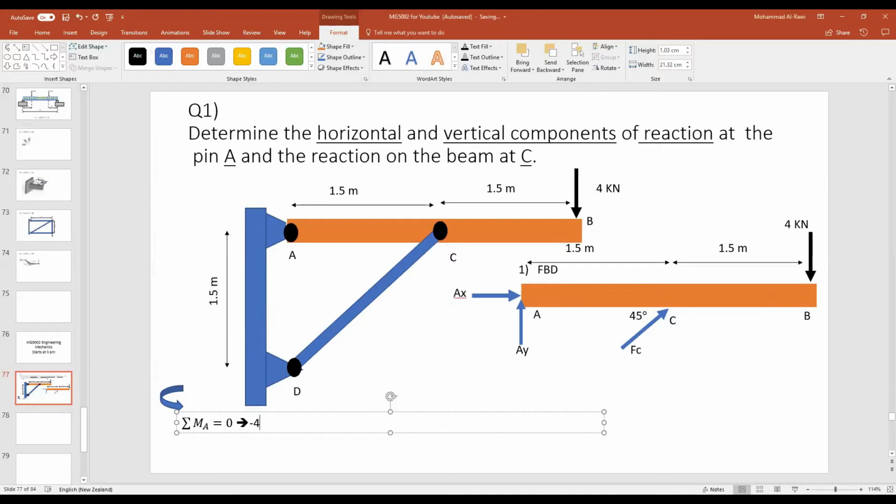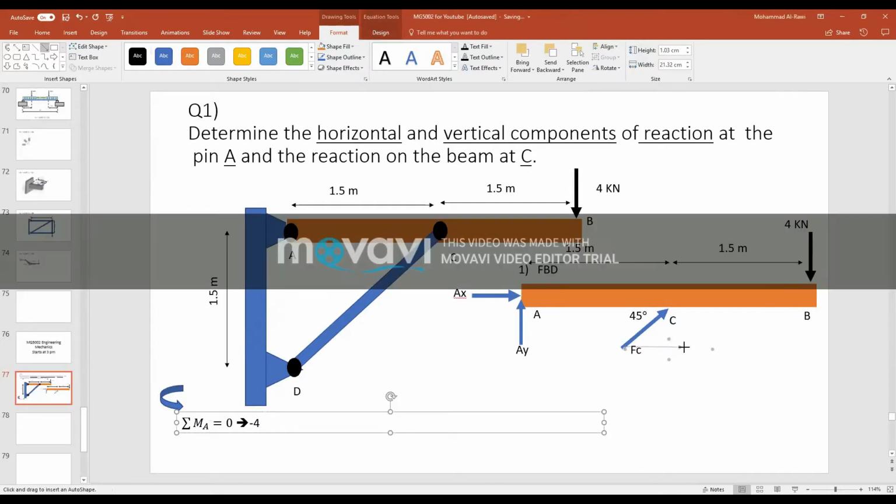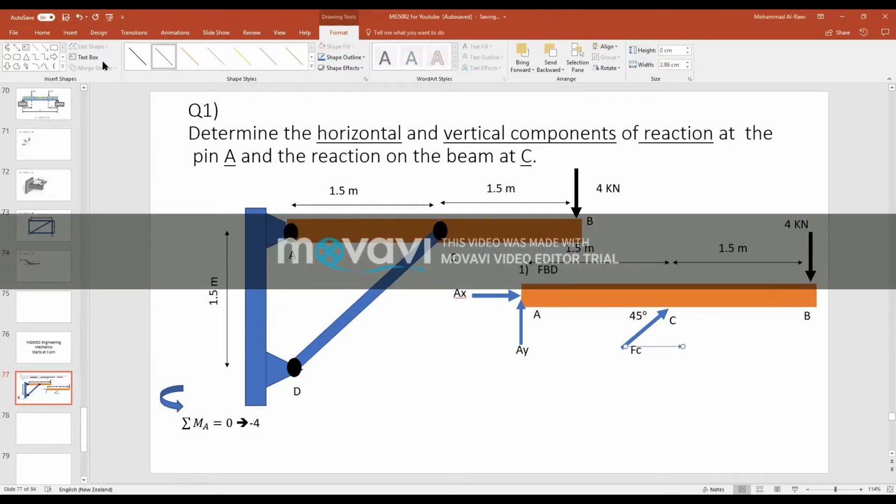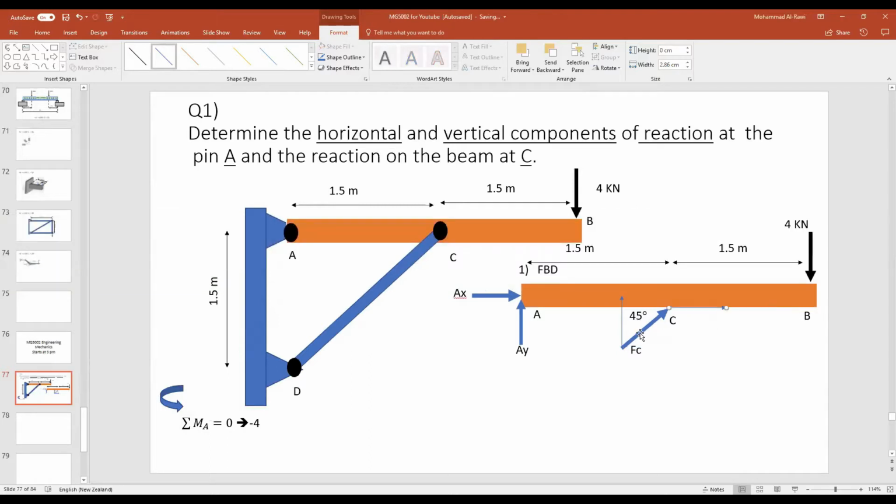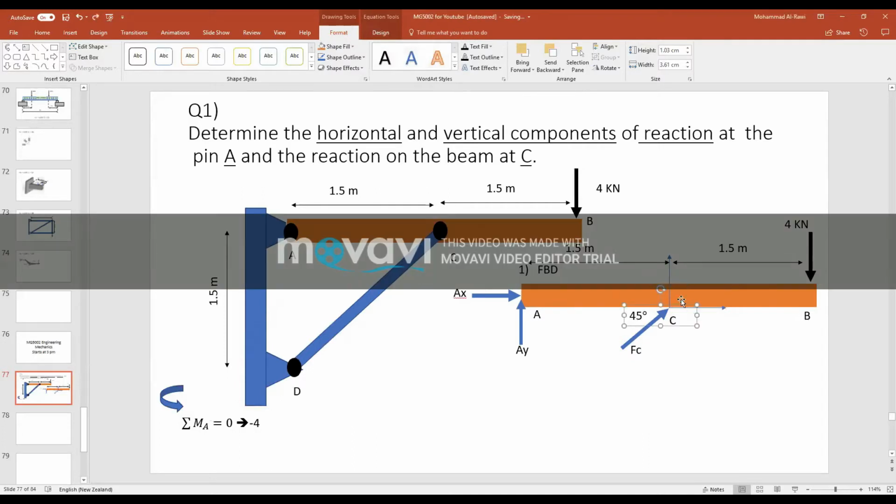Now, I need to show FC and how it works. To write the analysis for it is very easy. This one is the component of FC, one horizontal, one vertical. But they should act at that point, to be more precise, because we want to take the right distance. So this represents the action point of that force.